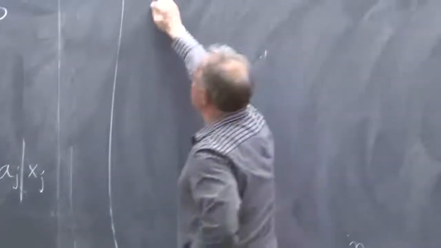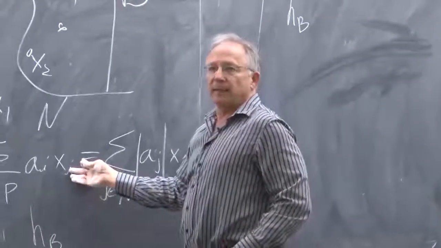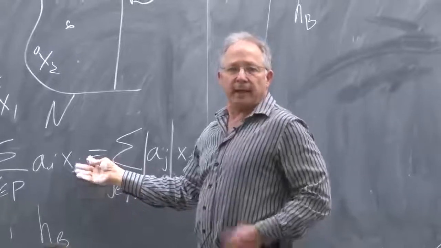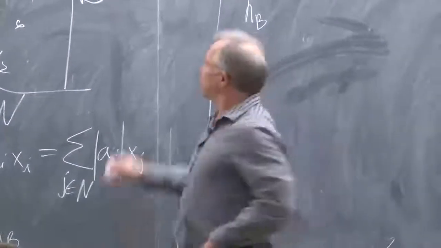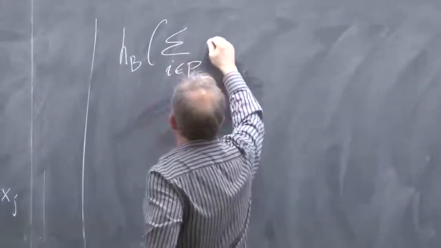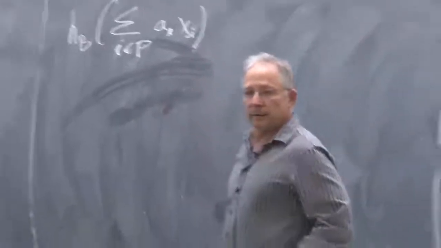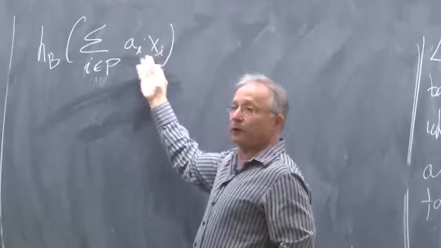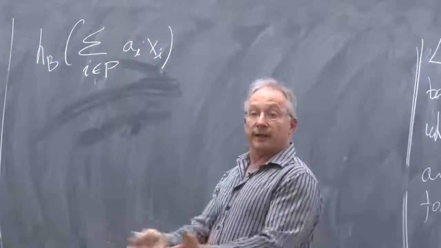So if I apply HB to this, I can think of it as a point. It's a sum of points in Rn, so I can just calculate the vector and get a point. So I'll apply HB to the sum over i in P of ai xi. I'll just look at the sum of those points as if it's a new vector. I can add vectors in Rn, right?